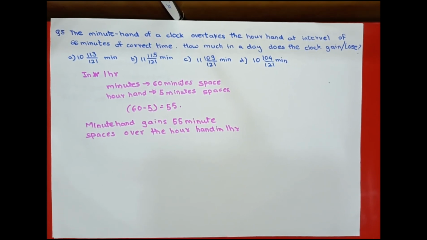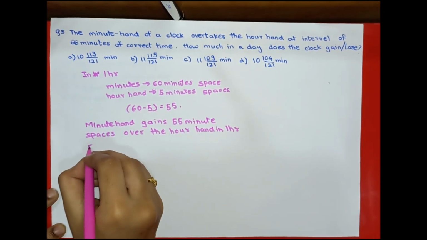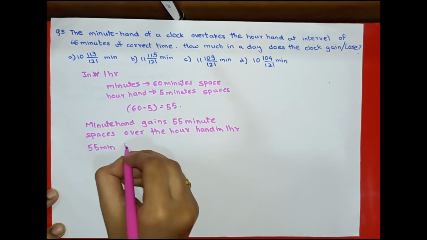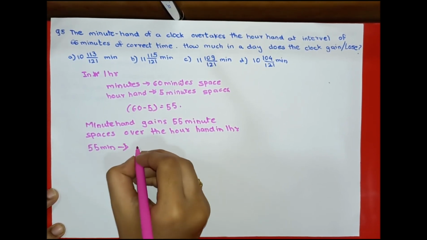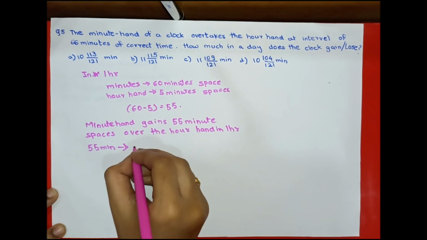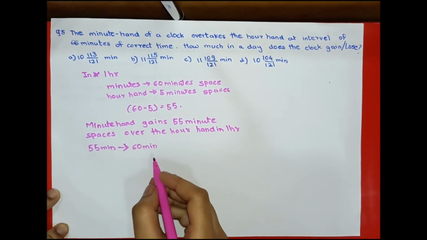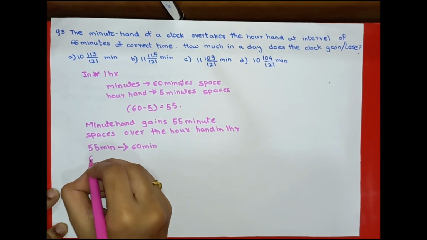So it is gaining 55 minutes in 1 hour, which is nothing but 60 minutes. So in how much time will it gain 60 minute spaces?